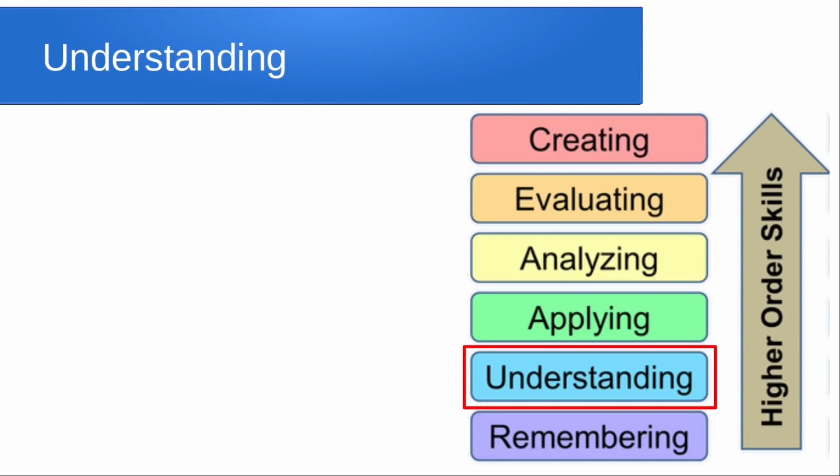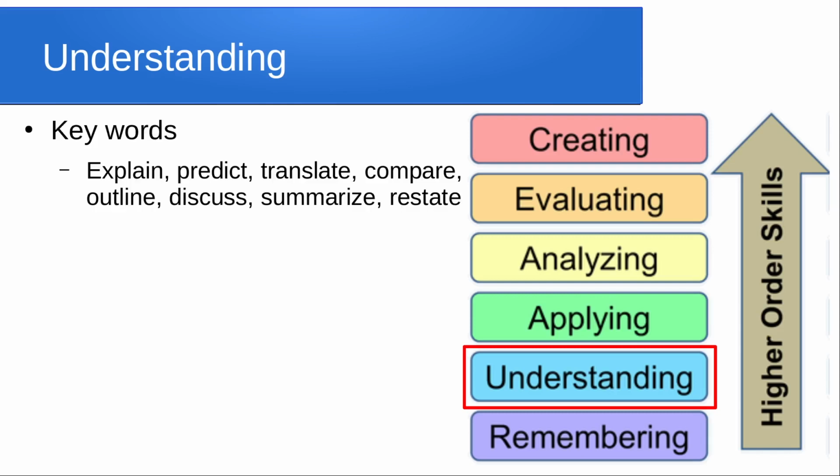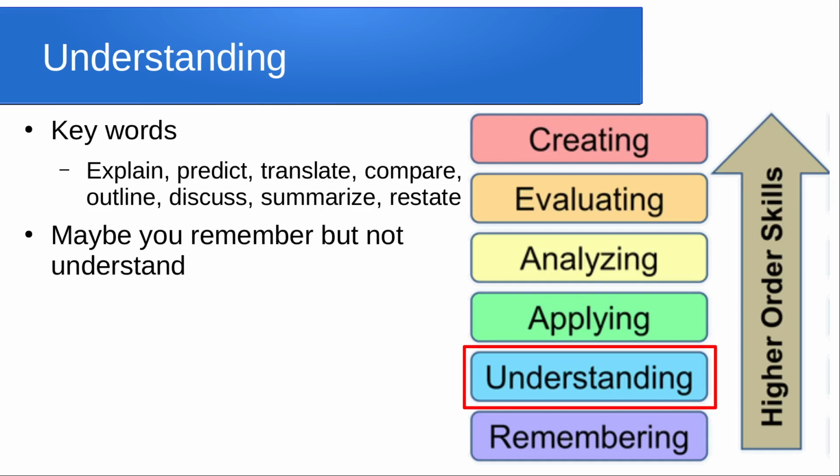And so after remember, we get to the level of understanding. Here you'll see task verbs like explain, predict, translate, compare, outline, discuss, summarize, restate. All of these are trying to show, does the student understand or not? You may remember without actually understanding.